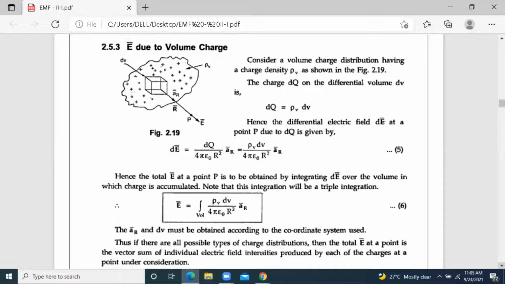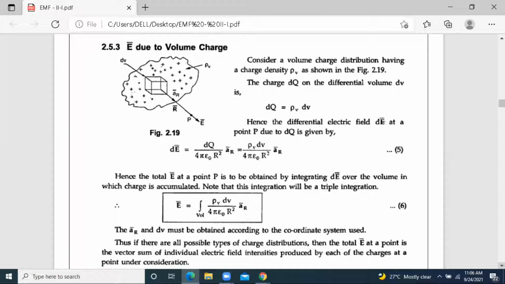So we said charge distribution is not always a point charge. It can be a line charge, a sheet of charge, or a volume charge. I think we went through the point, the line, and the sheet. So here is the volume.